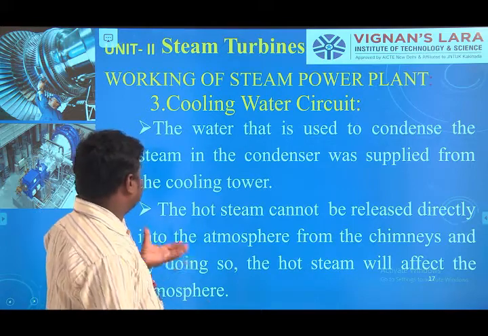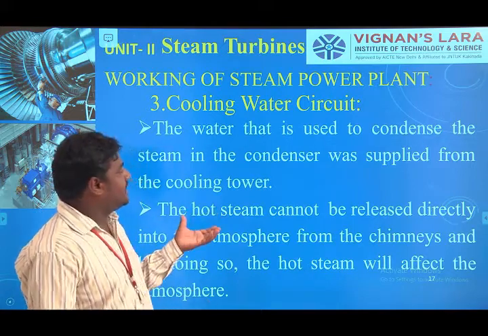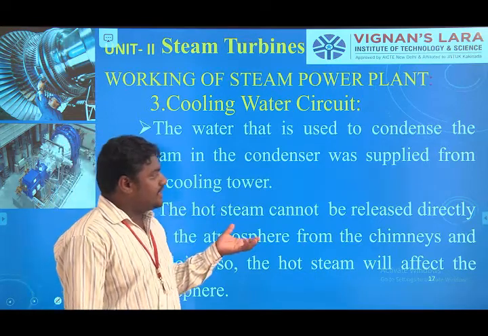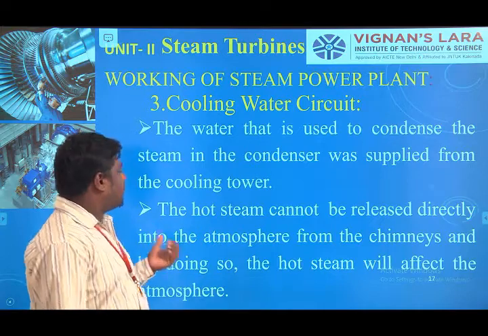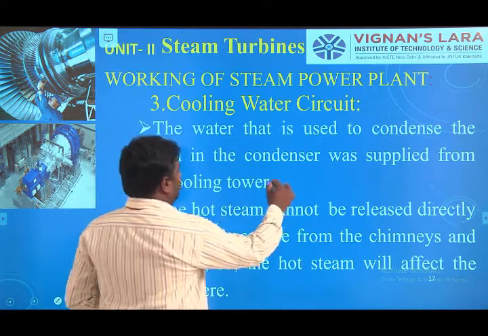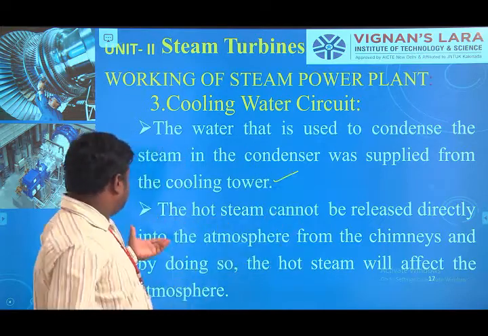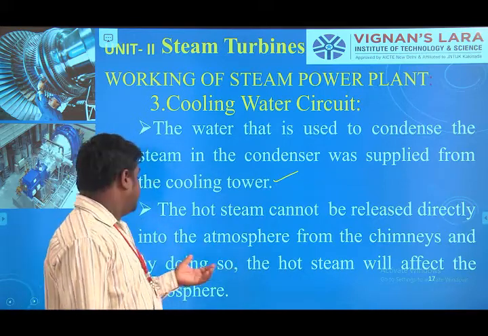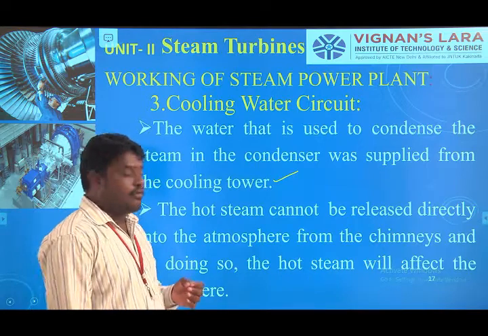The last one is the cooling water circuit. The cooling water, supplied from the cooling tower, is used to condense the steam in the condenser. The hot steam cannot be released directly into the atmosphere.